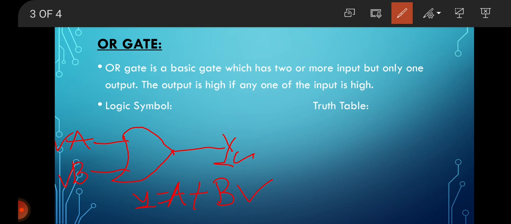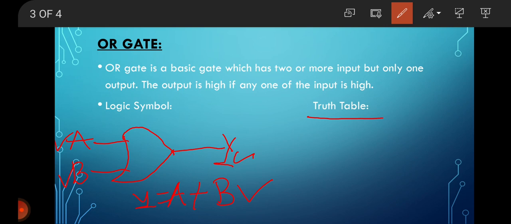So what is the Boolean expression? The relation between the inputs and the output of the gate can be expressed mathematically by means of a Boolean expression. Then we can write the truth table of this OR gate. So what is a truth table?